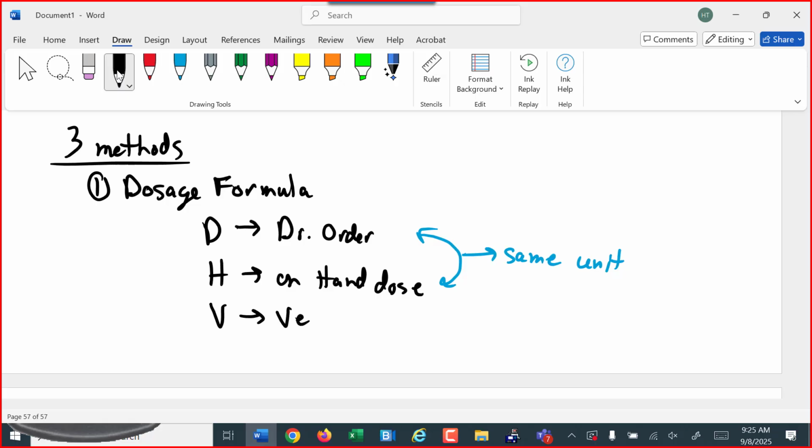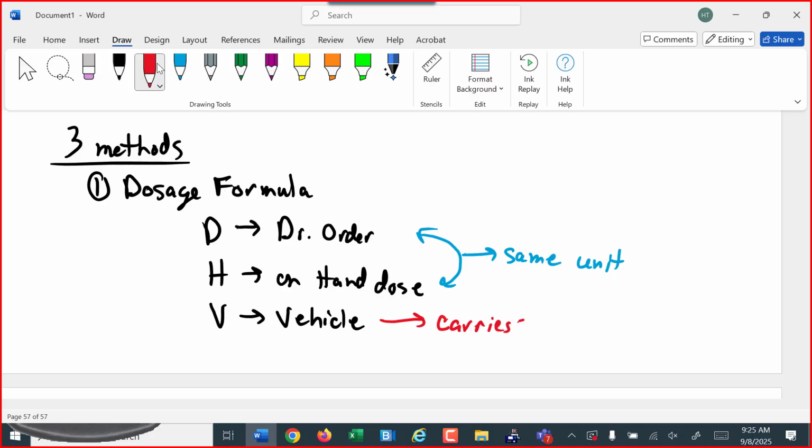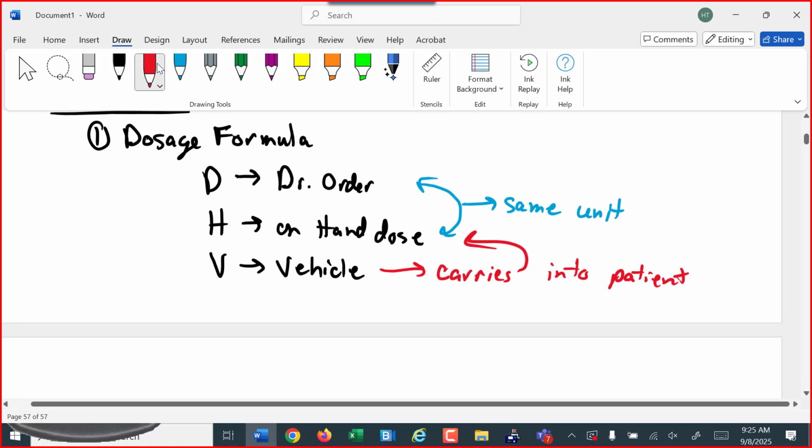V is what we call the vehicle. And this is simply what carries the on-hand dose into the patient. It could be a single tablet, could be a volume of a liquid, of an elixir, whatever it is that carries that amount into the patient.